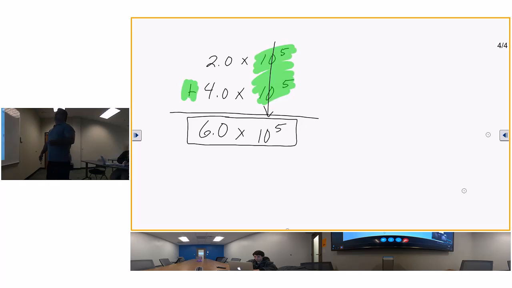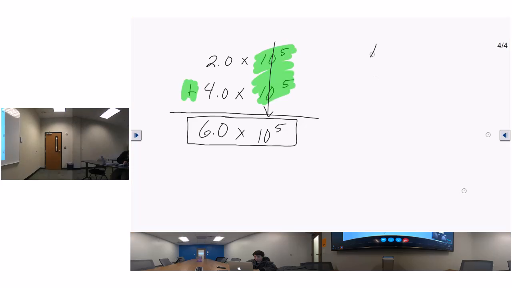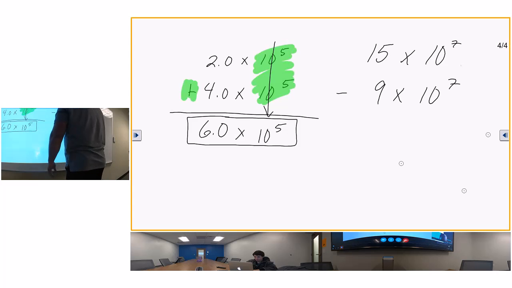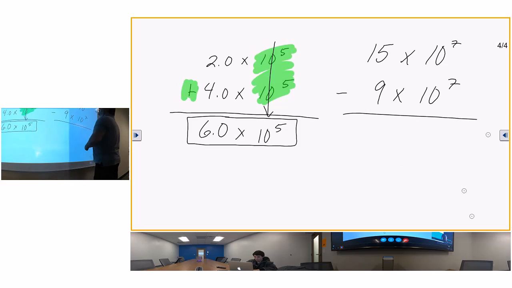Okay, let's do another. Let's change this to the 7th power and that to the 7th power.